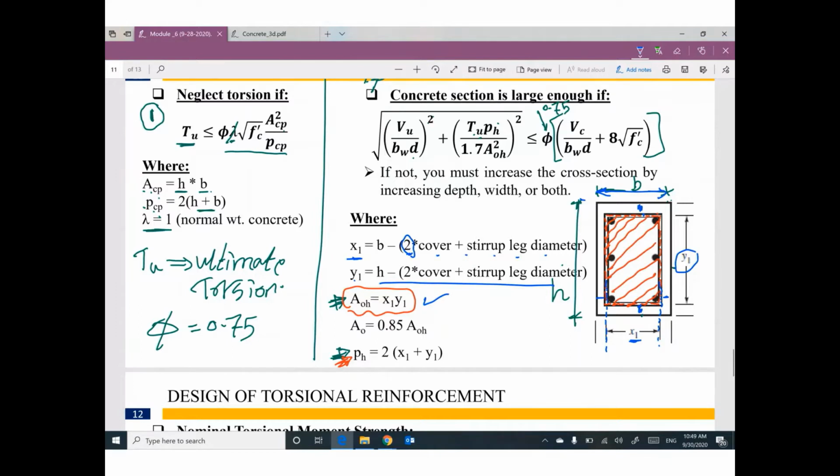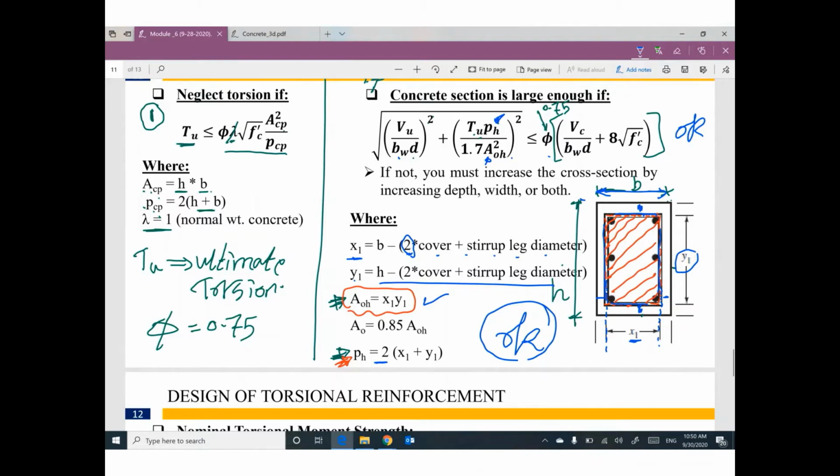If you add this side plus this side plus this side plus this side, you can get the perimeter. So this term and this term can be figured out. If you check this expression and it's okay, your cross section as a concrete will be good. Nothing, you don't need to do anything else. So please, before starting to figure out the spacing between stirrups or design of stirrups due to torsion, we need to do 2 checks.